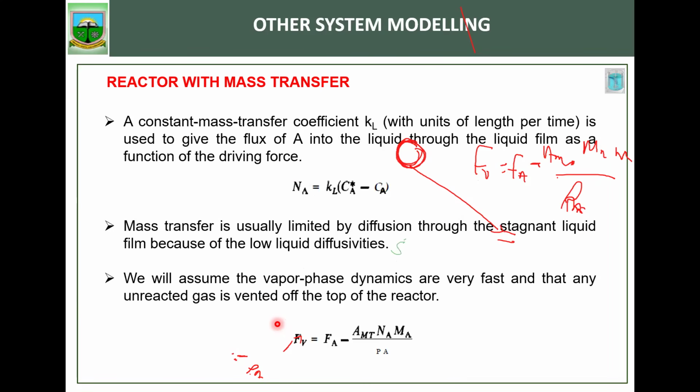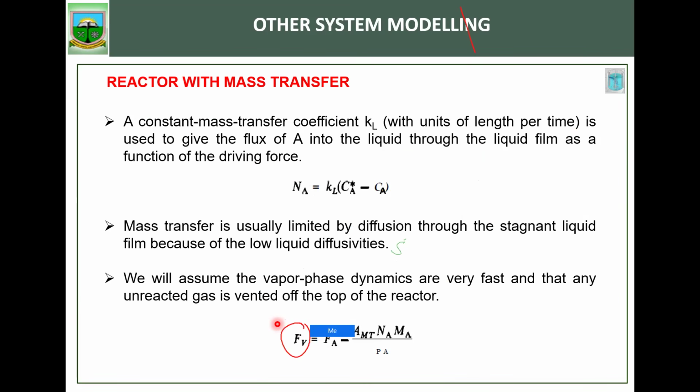The unreacted gas, like you see here, is equal to the amount of gas we put into the system minus the amount of gas that has been dissolved in the liquid. The remaining one becomes what has not been reacted. That's what we want to take.